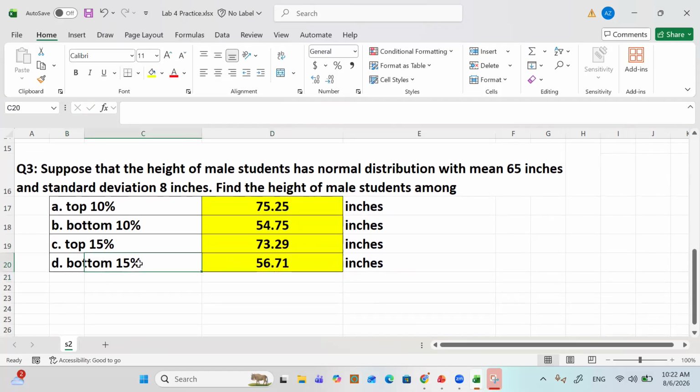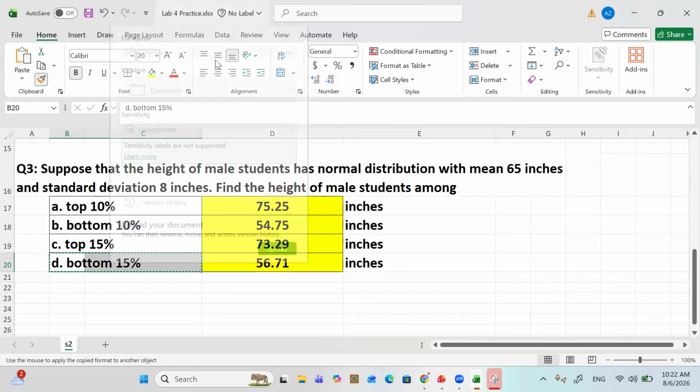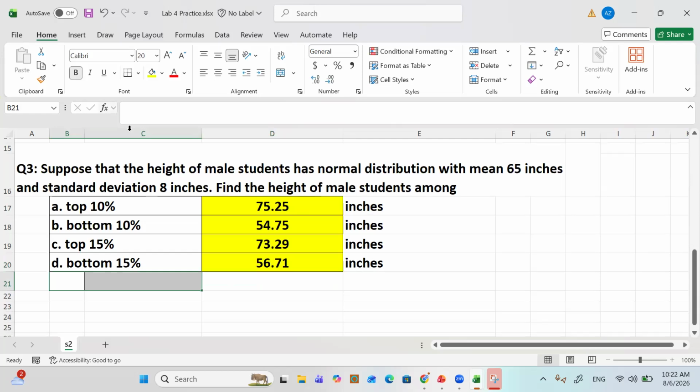And we can also try middle 90%. Let's say we haven't tried this, but just gonna, one sec. Create another one, which is gonna be between middle 90%. So we call this E, height of male students among the middle 90%.